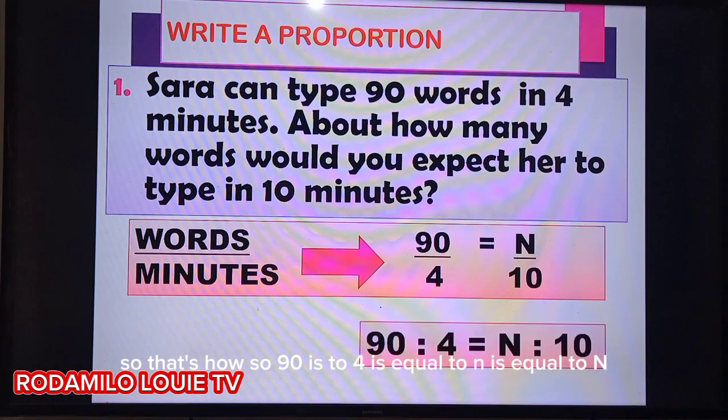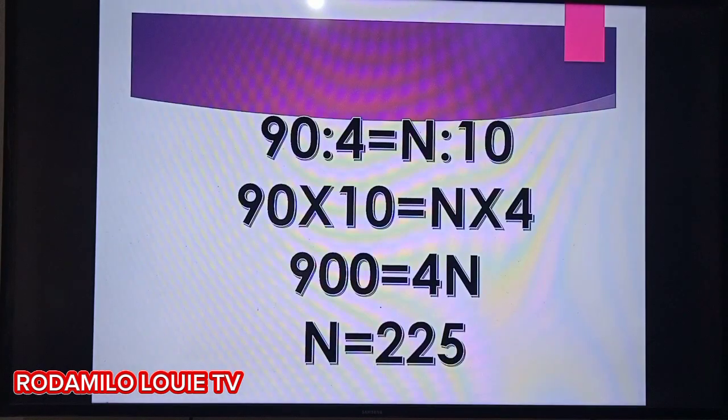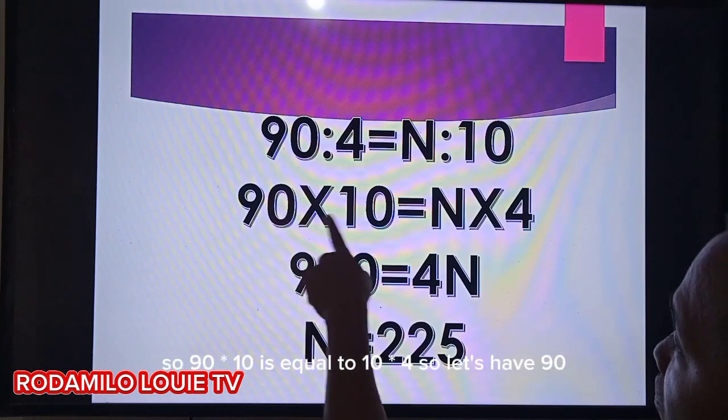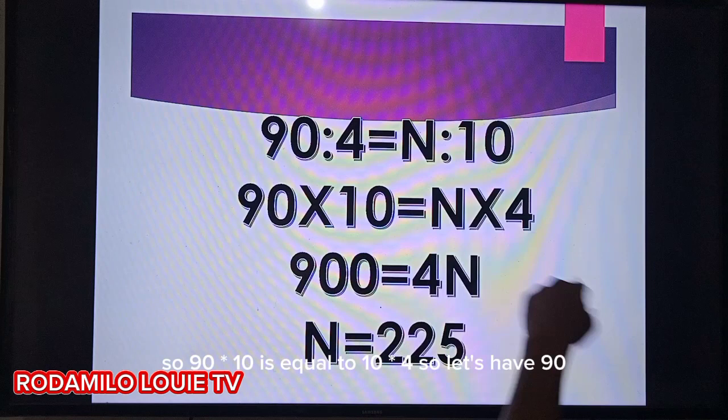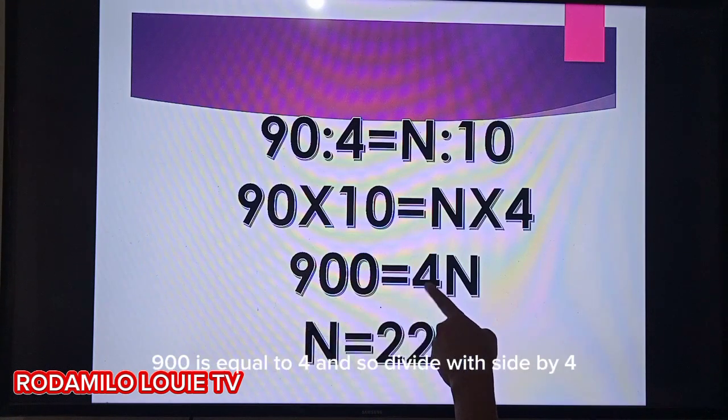So 90 is to 4 is equal to n is to 10. This is how we get the answer. 90 times 10 is equal to n times 4. So 900 is equal to 4n.